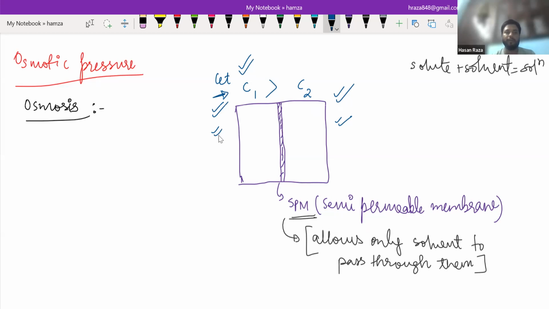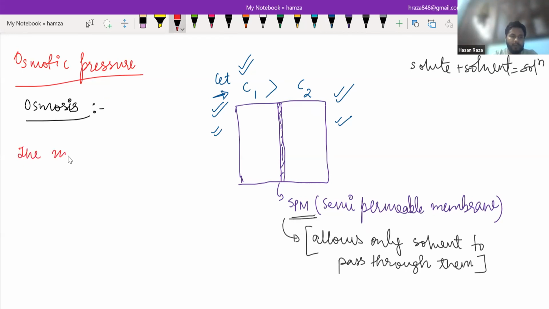So we are going to define osmosis in two terms. The first one is in terms of solvent, and the second one is in terms of solute or solution. So I'm going to define it. Just look at the definition.